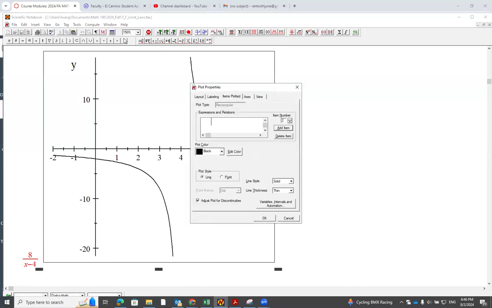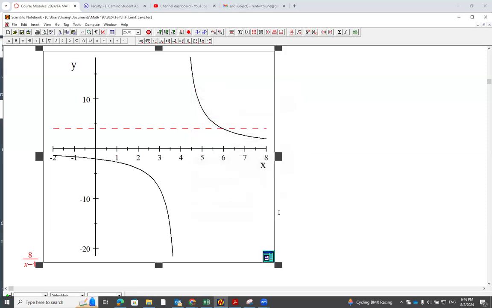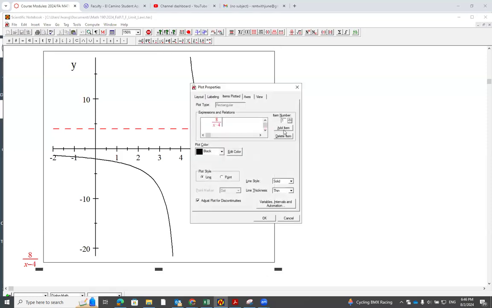So let me draw that picture. You don't need to know how to use the software. So this is 4. I'm just going to draw this vertical asymptote as a broken line. Oops, sorry, I made a mistake.